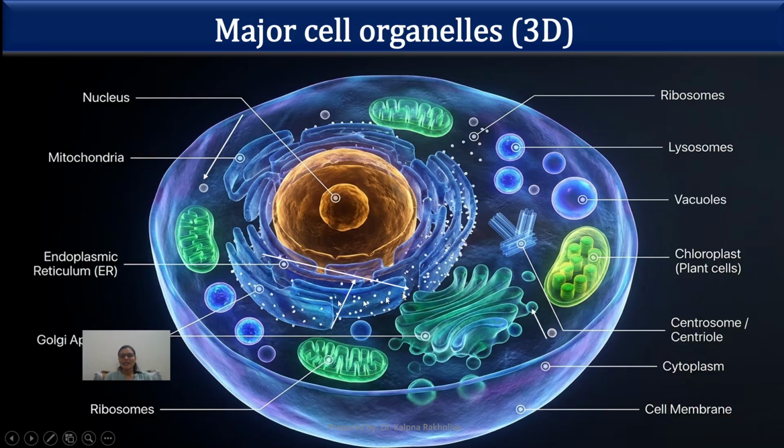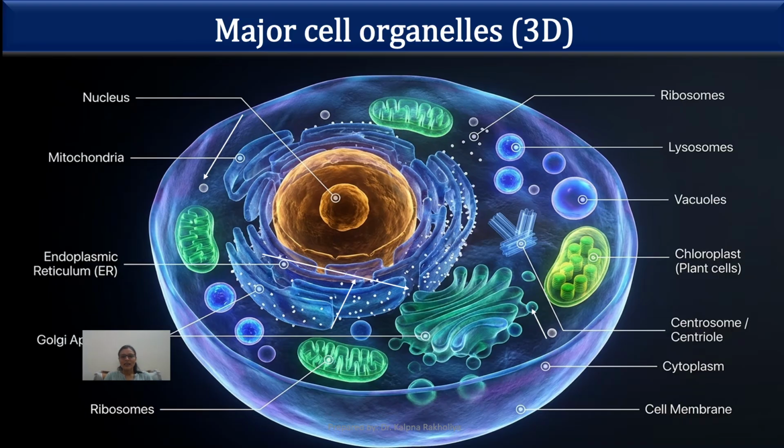While here you can see dots present on the endoplasmic reticulum, and these dots are known as ribosomes. If ribosomes are attached to the endoplasmic reticulum, we call it rough endoplasmic reticulum. If ribosomes are absent, we call it smooth endoplasmic reticulum.